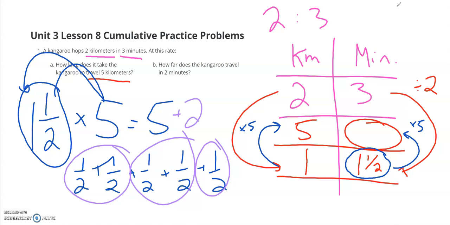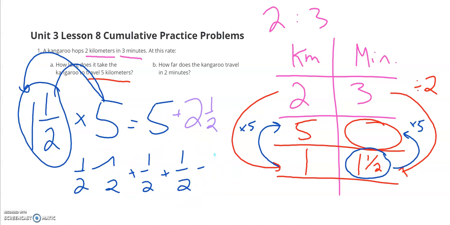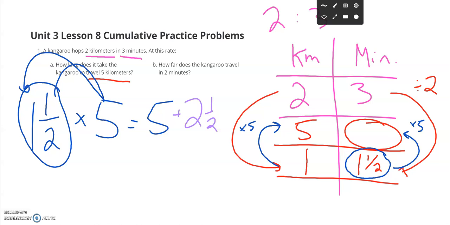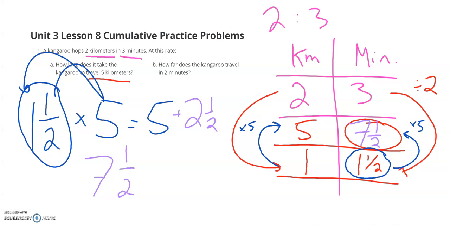So we have 5, and then we have 2.5. So 5 times 1.5 is 7.5. That means that it will take the kangaroo 7.5 minutes to go 5 kilometers.